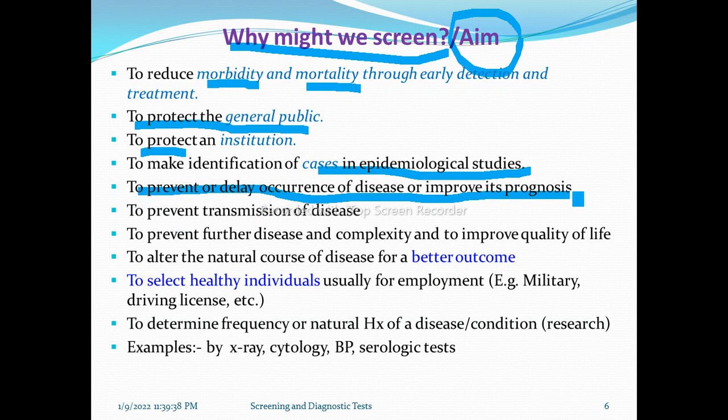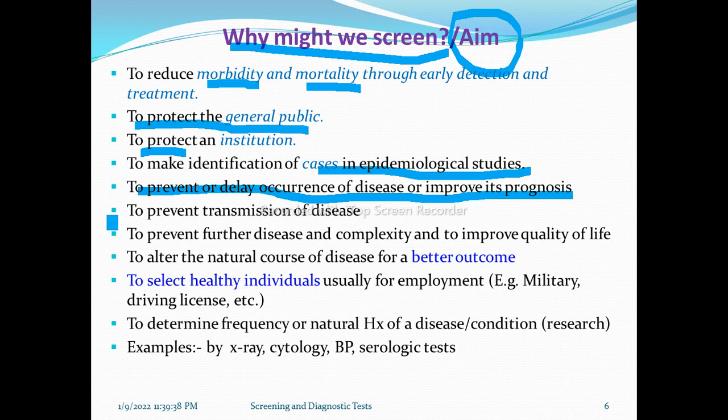It is important to prevent the occurrence of disease by applying intervention at the asymptomatic or subclinical stage, or by applying intervention to delay the occurrence of disease, or, since it is detected, to improve the prognosis of the disease.